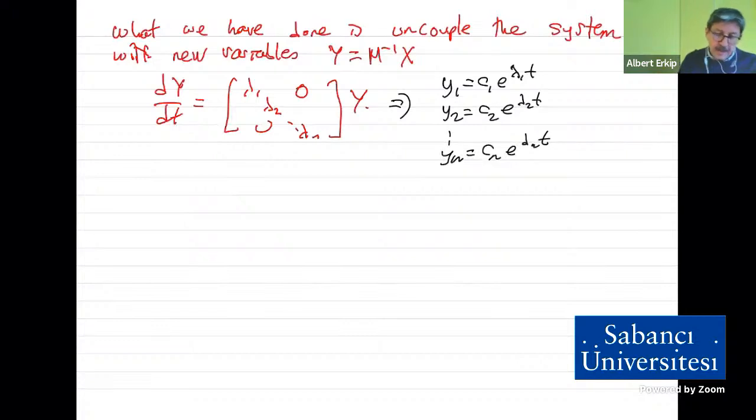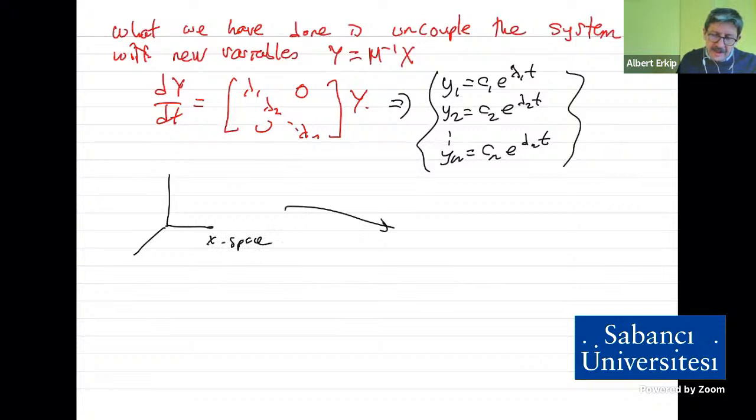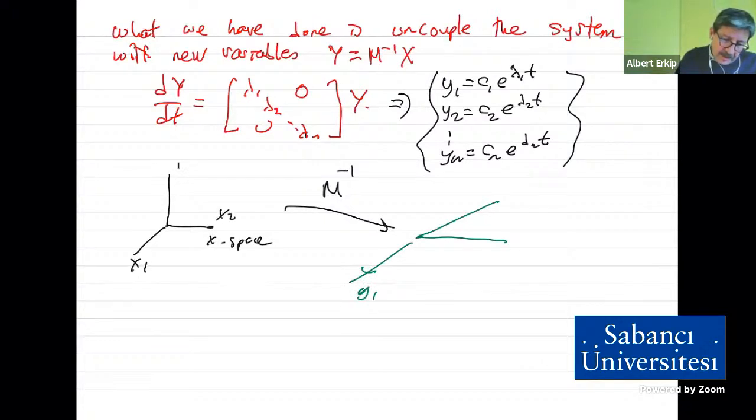So in the y space, things are really easy. Now the question is, how do you go from the x space to the y space? Well, the x space is straight. This is the x space. And to go to the y space, you have this transformation M inverse, which basically distorts the axes. So this is, say, x1, x2, x3.